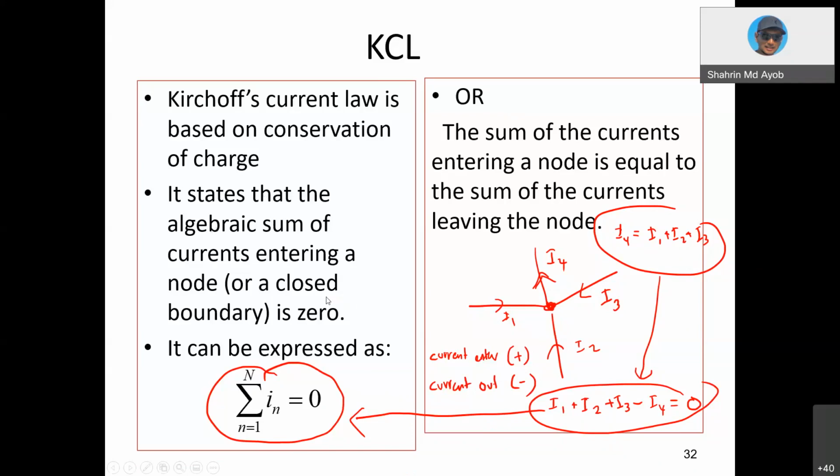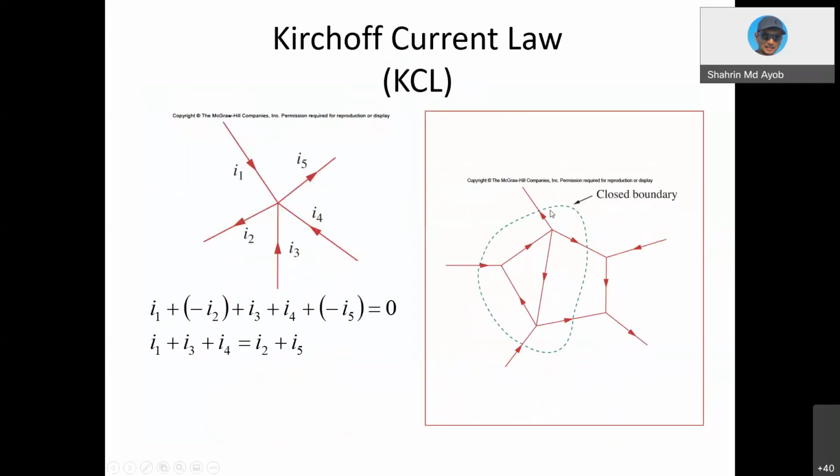It also says current entering a node or a closed boundary. So what is meant by closed boundary? For example, if we have a circuit here, we consider this a super node.